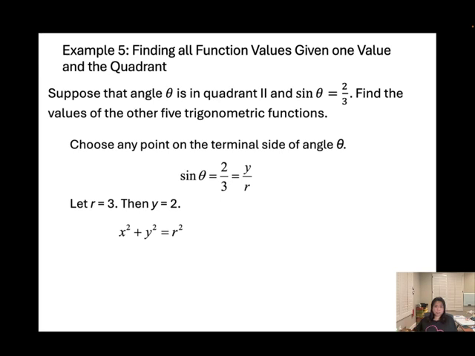So y equal to 2, r equal to 3, and then we're going to calculate it. So x squared equal to 5, so x is going to be plus or minus square root of 5. Since theta is in quadrant 2, the x is going to be negative.